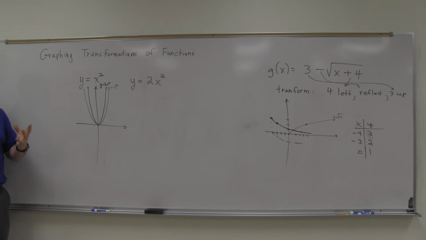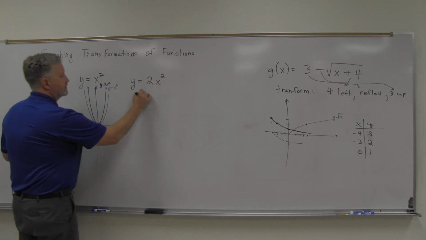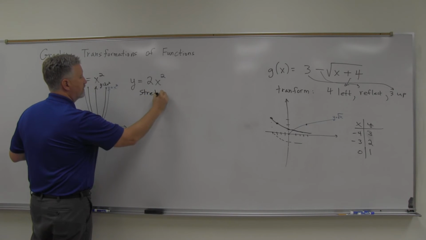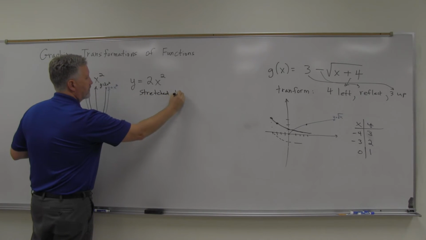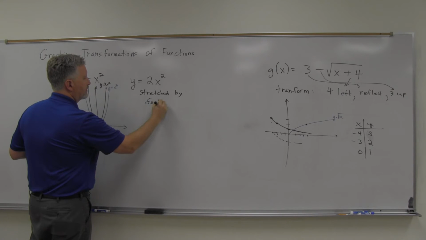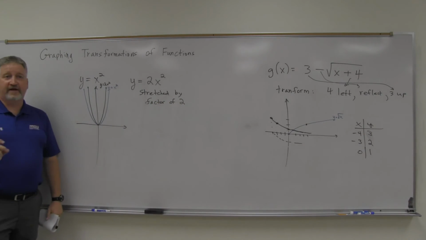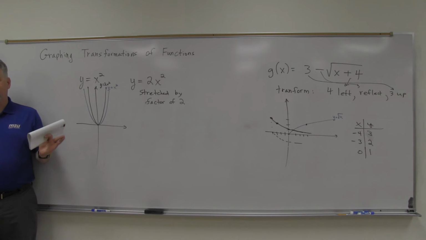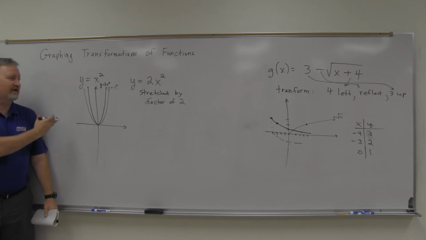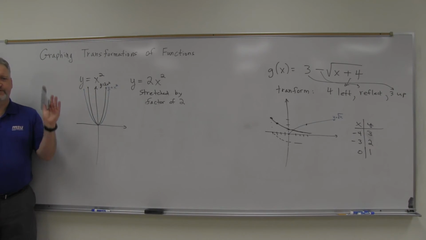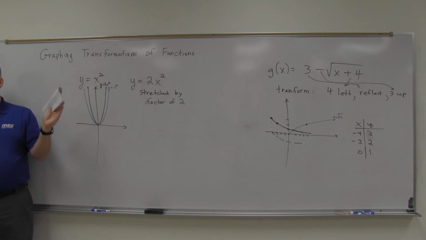We have stretched the graph by a factor of 2 here, okay? Now, in more layman's terms, what happened to the graph? It went from here to here. It made it more narrow, okay? In this particular case, it made the graph narrow.